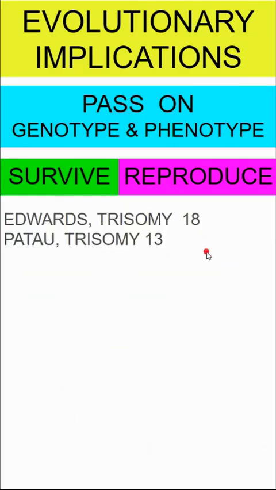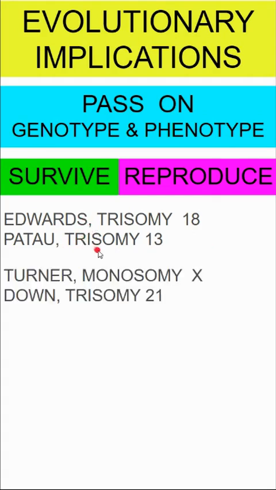So when we think about some of these nondisjunction disorders, like Edwards, where there's 3 18s, or Patau syndrome, where there's 3 13s, the chance of surviving to their first birthday is less than 5%. So they aren't going to be surviving. And then other disorders typically are associated with infertility, so they can't reproduce and pass that on.